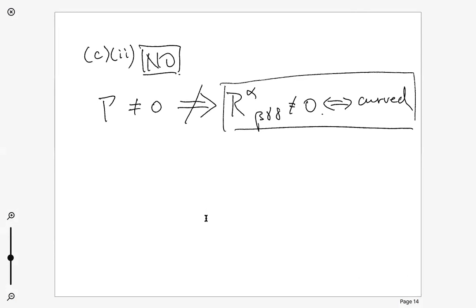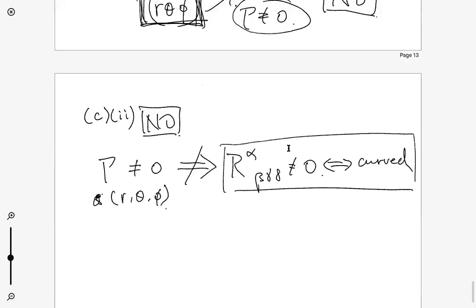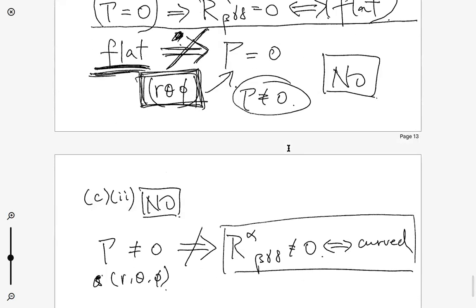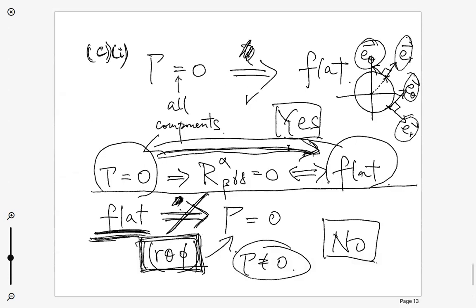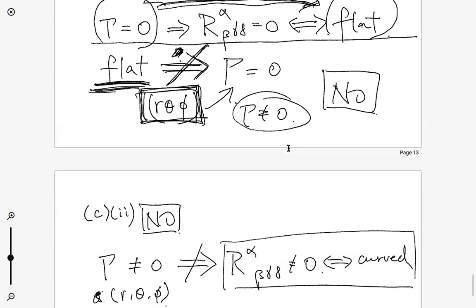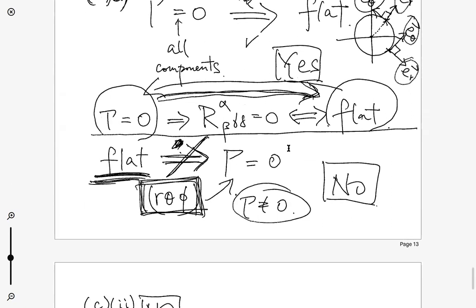Again, this is exactly what we have just seen for this question. We have non-zero components for the Christoffel symbol when we use the spherical coordinates, r theta phi. But the space is not curved, right?